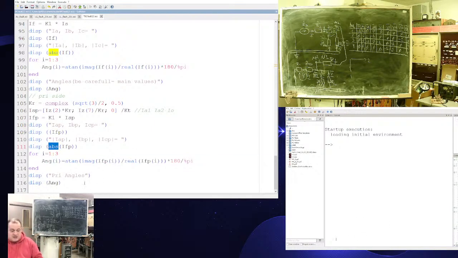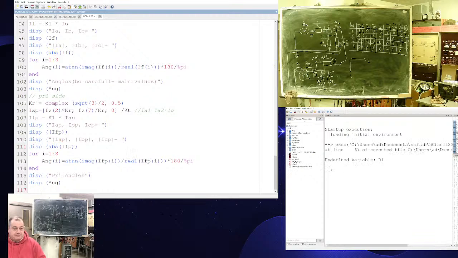And also angles, but these angles, you'll see, I should be careful with. Okay, let's save and let's calculate. Can we calculate? I'm not sure.